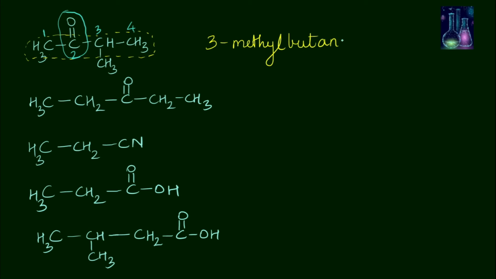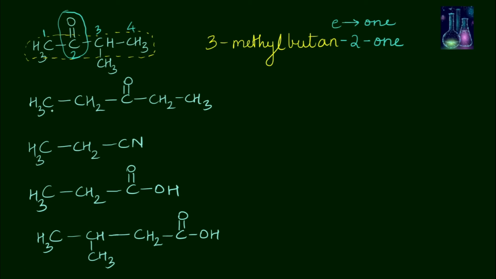So the name of the molecule is 3-methylbutan-2-one. This indicates the position of the functional group, and here E is replaced by ONE. So the modification of a name is done by replacing the last letter with the suffix that is given to you.